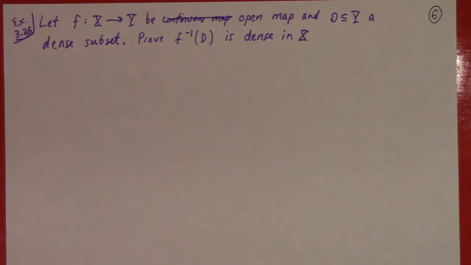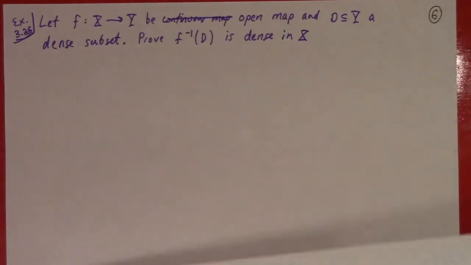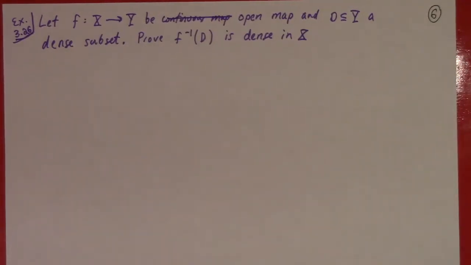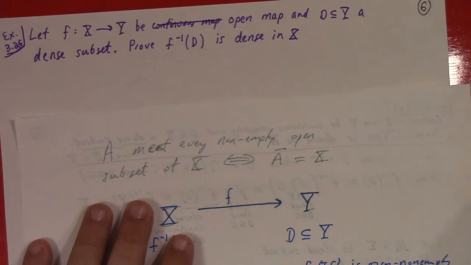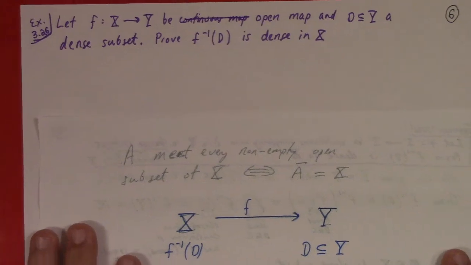All right, so let me walk us through my scribbling. First of all, there's two ways to characterize dense. One is that the closure of the space is the space again.